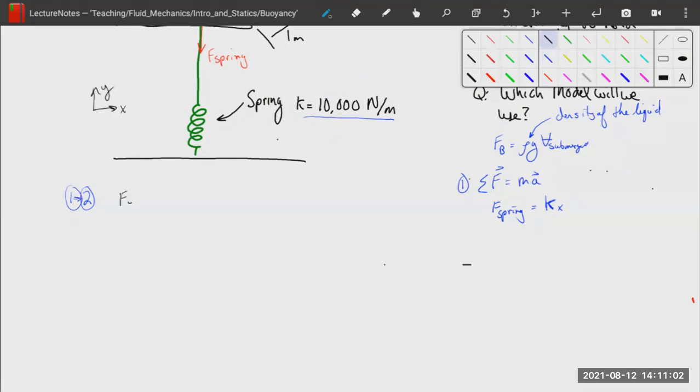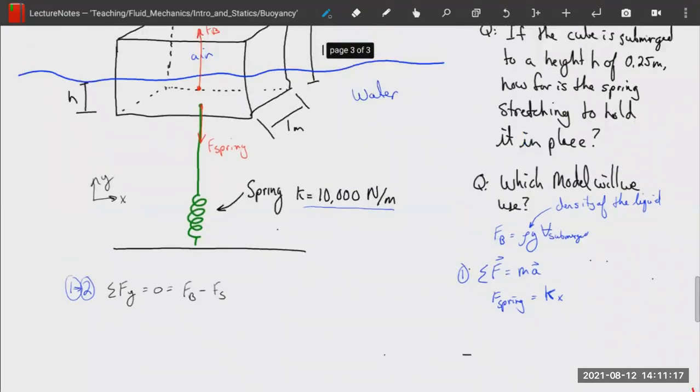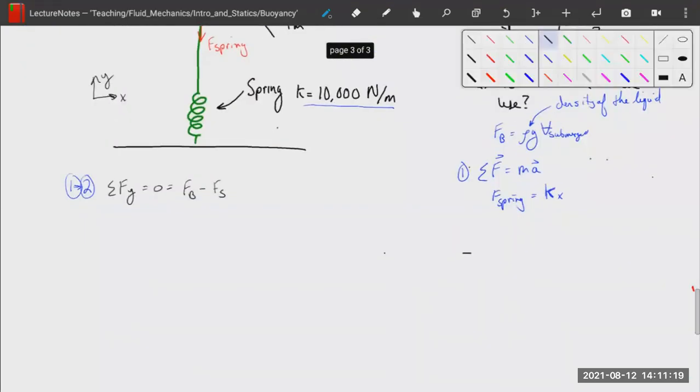So we're going to do the sum of the forces in the y direction is equal to 0, is equal to our buoyant force, FB, minus our F spring, because our buoyant force is acting up and our spring is acting down. Cool. And then we're going to combine a couple other equations. So let's label these. We didn't label them earlier, so now this becomes 3 and that becomes 4.